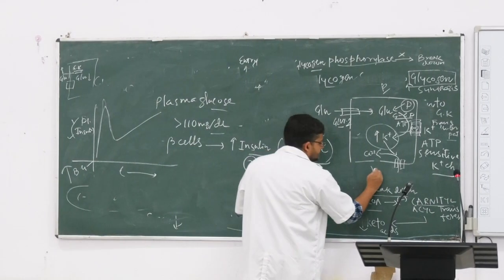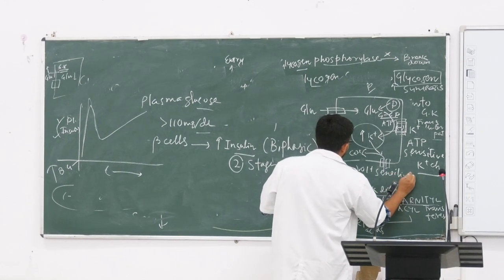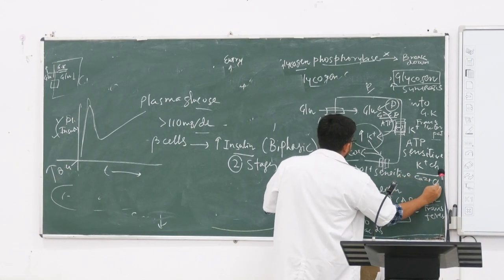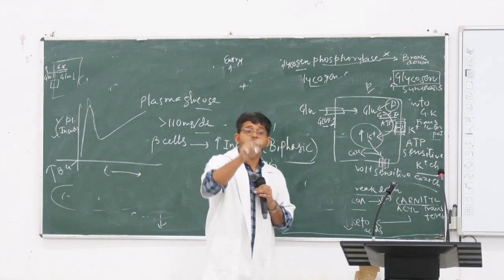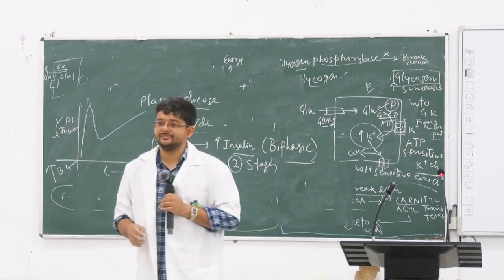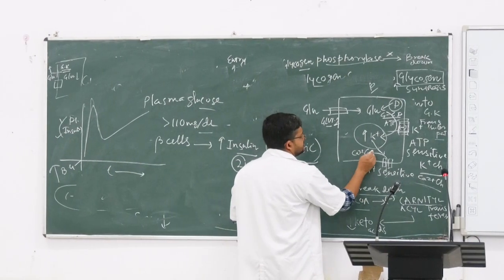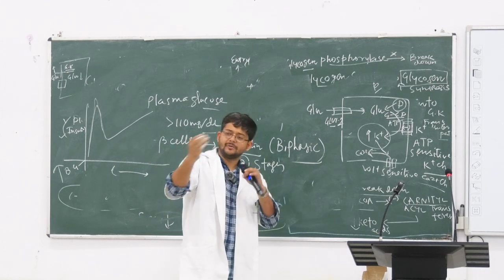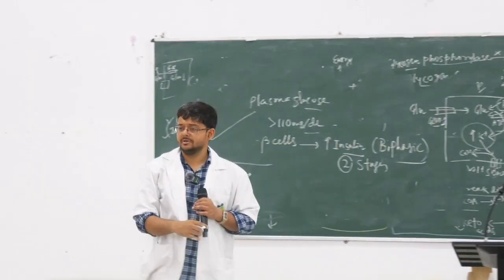Now this is a voltage sensitive channel, it will respond to depolarization and it will open up. The moment it opens up, calcium from outside comes in, and as calcium from outside comes in, intracellular calcium level goes up.